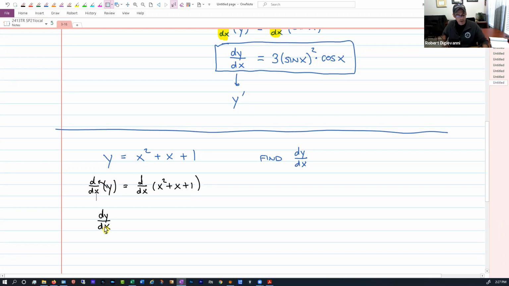We're looking for the dy dx, which really means y prime. On the right-hand side, I want to take the derivative with respect to x of these three things. And since there's addition, we can just do them individually. So we get 2x plus 1, and we're done. Again, nothing is different so far. Just the notation.